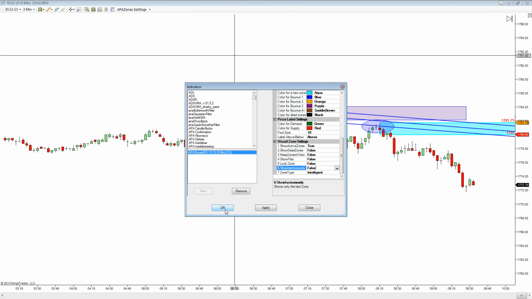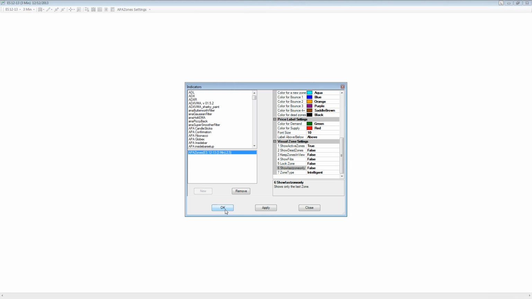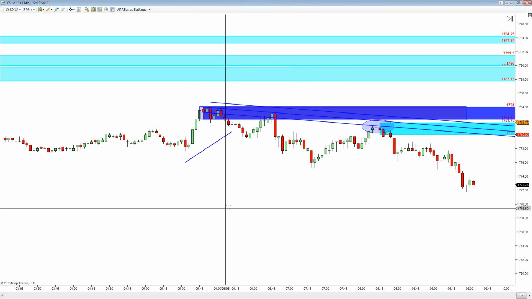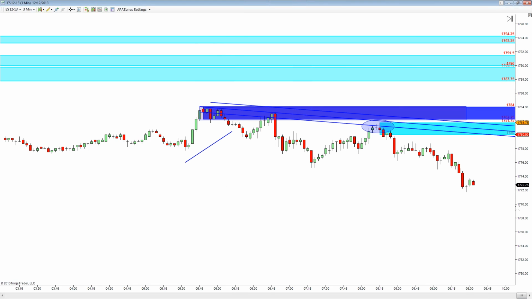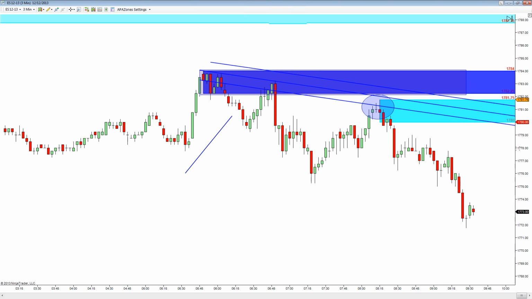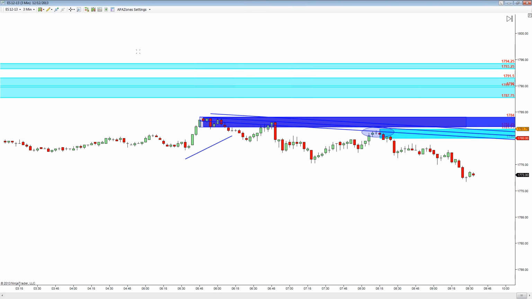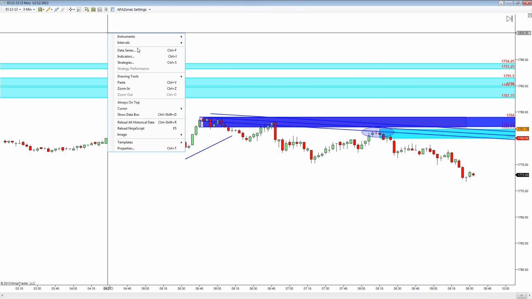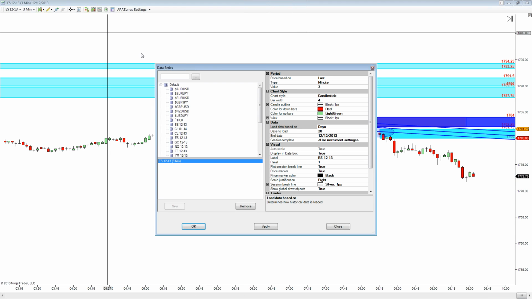And speaking of processing time, if we set that to false and hit OK, you can see all the zones pop up there. One of the big things in the new APA Zones 4 is our ability to speed up the zones.